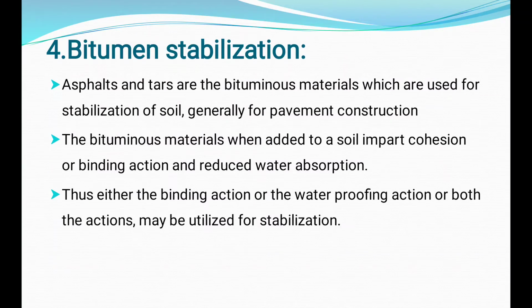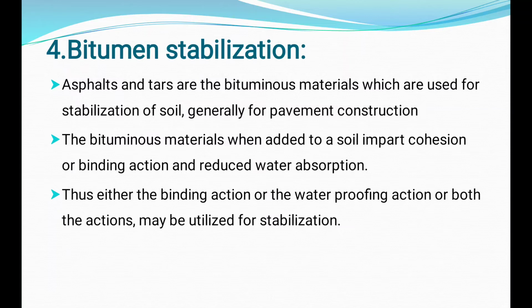Next one is bitumen stabilization. Bitumen means asphalt or tar used as a bituminous material for stabilization of soil, and it is generally used for pavement construction. When bituminous material is added to soil, it imparts cohesion or binding action.